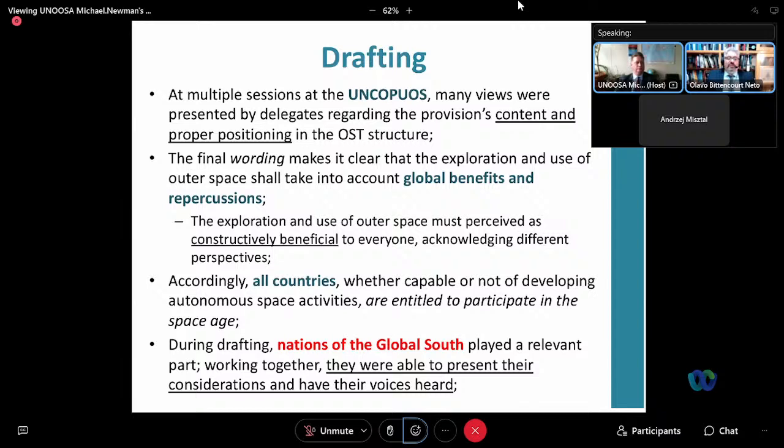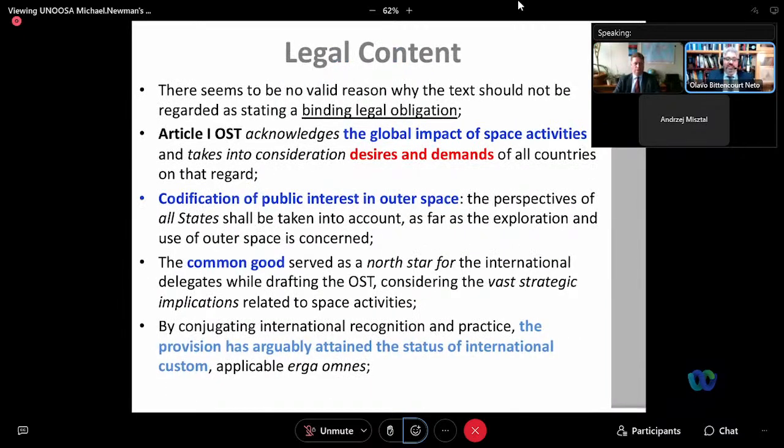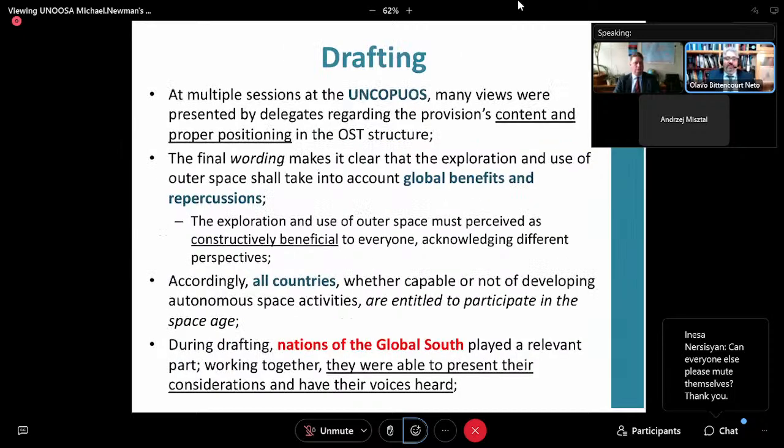At multiple sessions at the United Nations Committee on the Peaceful Uses of Outer Space, many views were presented by delegates regarding the provision's content and also its proper positioning in the Outer Space Treaty structure. The final wording, which was recorded by the delegates, makes it clear that the exploration and use of outer space shall take into account global benefits and repercussions.